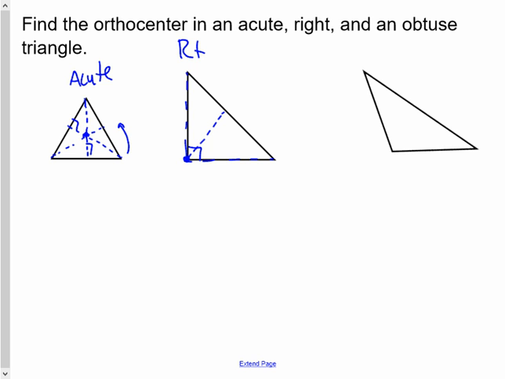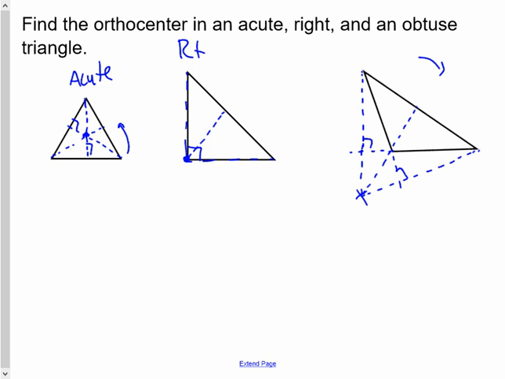Lastly, the obtuse one, and this is one where you kind of need to extend some of your sides. So again, doing the best I can, there's my height there. Tilting the paper, looking at it this way, my height, something like that. And then doing the height this way, pretty close. So that would be my orthocenter, right?